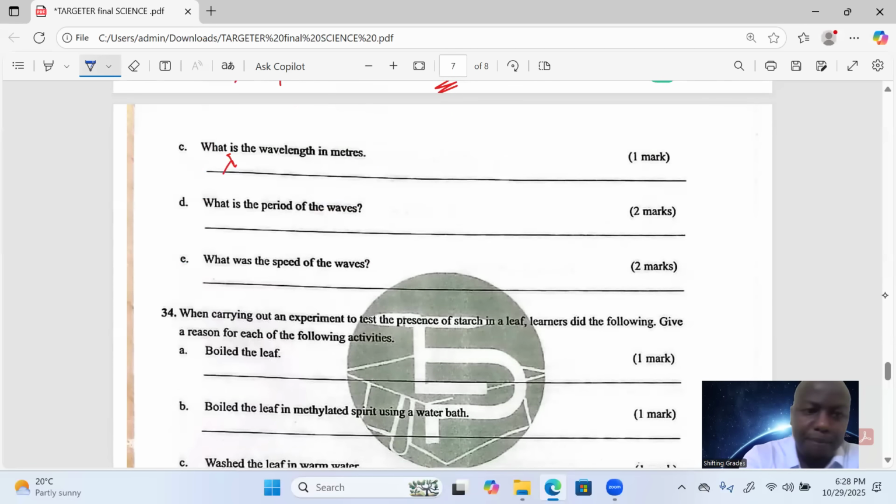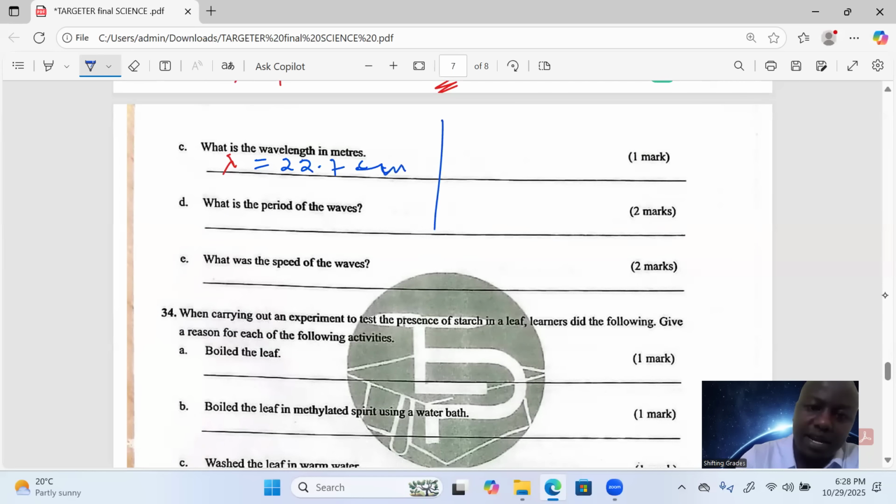This now has to be converted from centimeters by dividing again by 100.